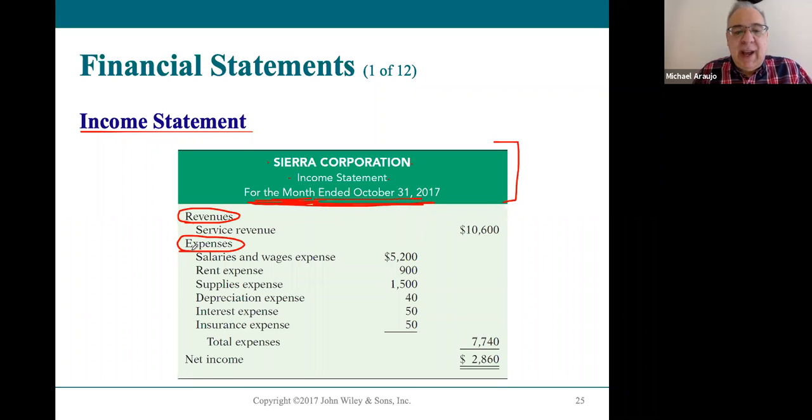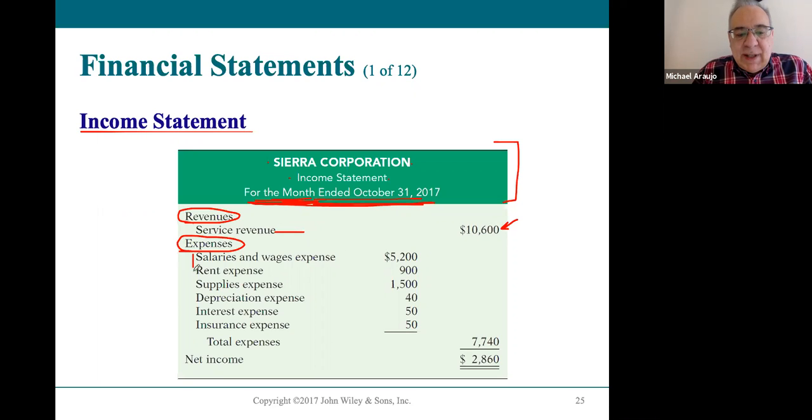And so they only have one revenue account called service revenue. And here what you see is for the month of October, they earned $10,600 of revenue. So that's quite a lot of tours in a month's time. Okay. So there's only one revenue account that shows here.